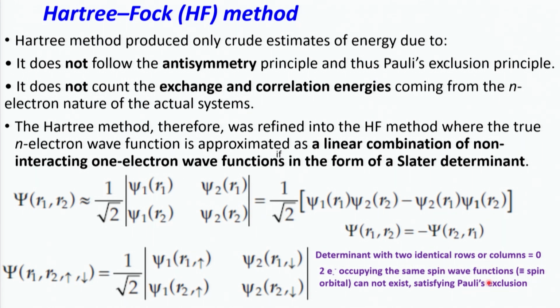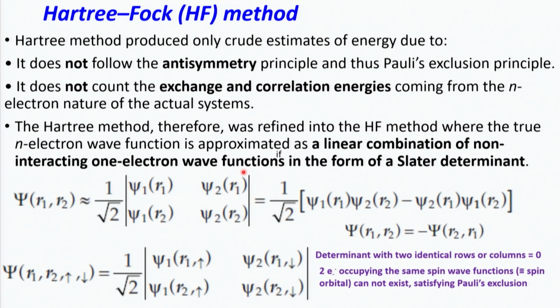That means electrons with all four quantum numbers the same cannot stay together in a single orbital. Okay. So in the Hartree-Fock case, you need to take the wave function as a Slater determinant so that it satisfies both the exclusion principle and the antisymmetry principle.